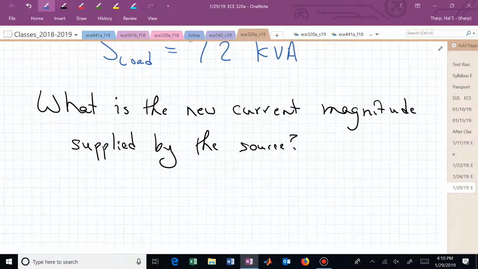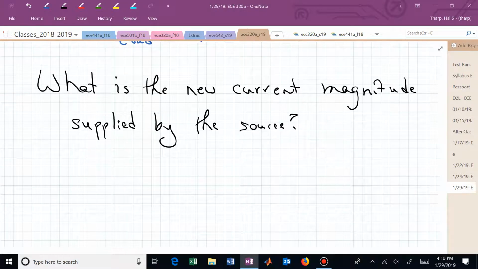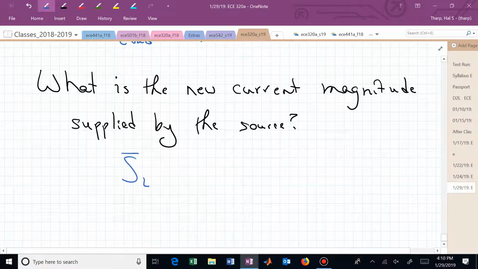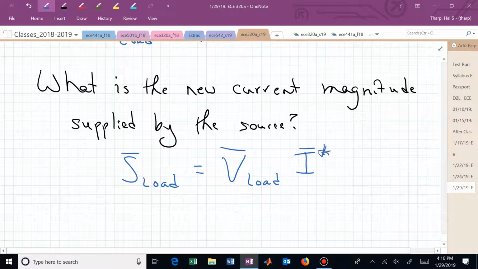Again, it helps sometimes to just write down some of the basic expressions. The complex power of our load, all of these loads together, is just the voltage of the load times the complex conjugate of the load current.